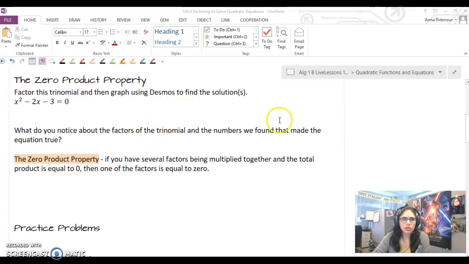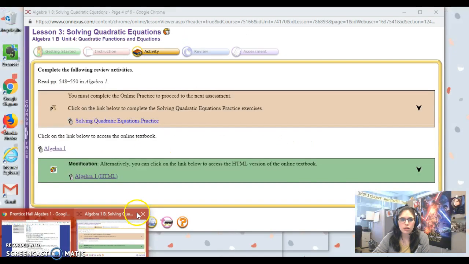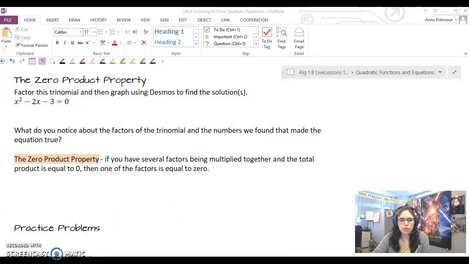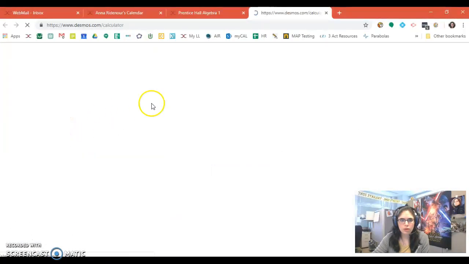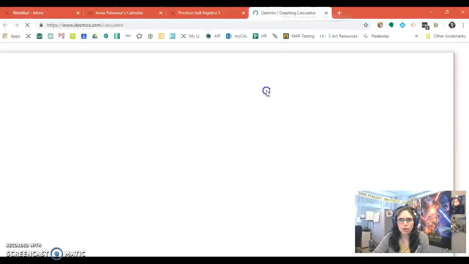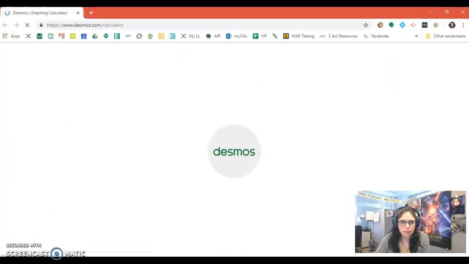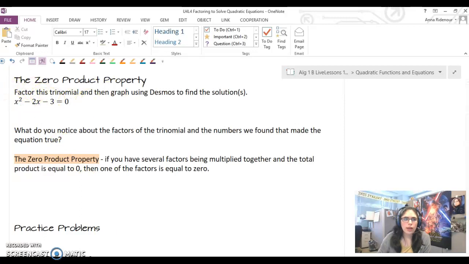This problem says factor this trinomial and then graph using Desmos to find the solutions. We're going to pull up Desmos here. And while that's loading, I'm going to factor this trinomial.